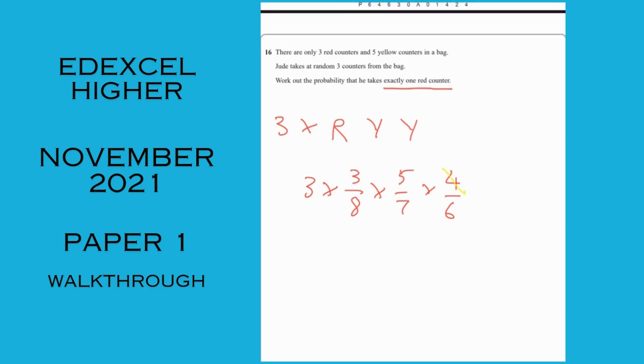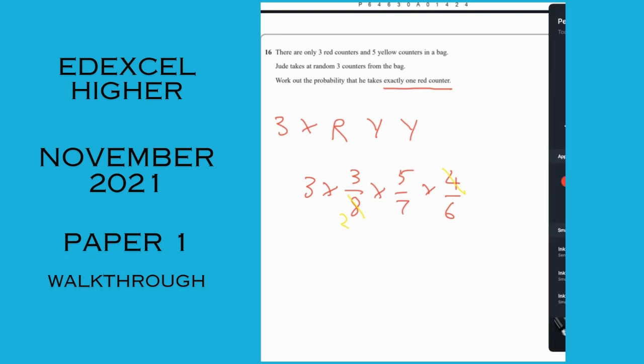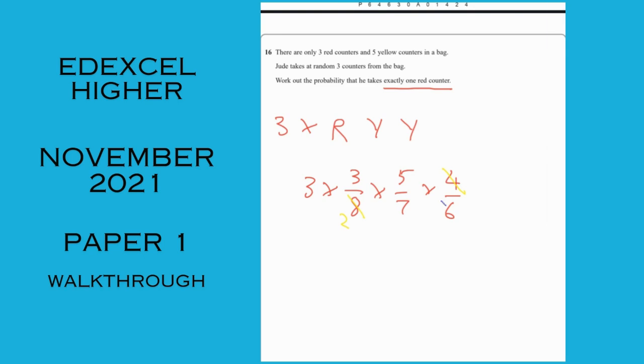Divide by 4, divide by 4, divide by 3, divide by 3. Can we see anything else? Not really, so let's just do 3 times 1 times 5 is 15. On the bottom, there'd be a 1 there. 2 times 7 times 2 is 28. That'll do.